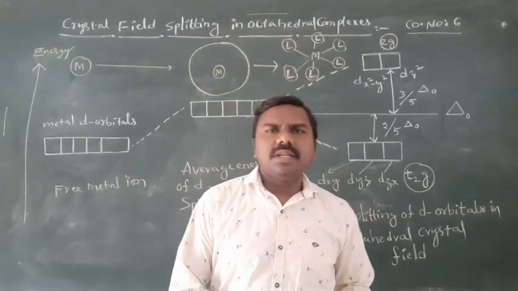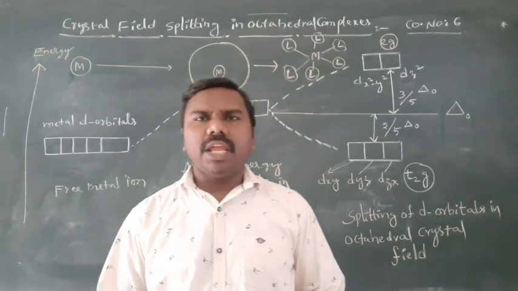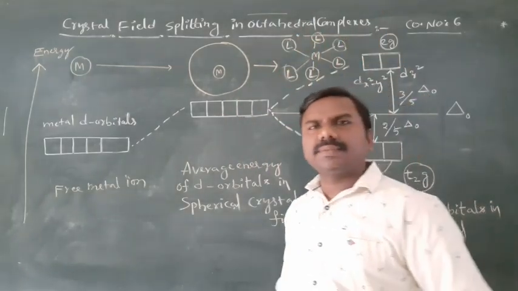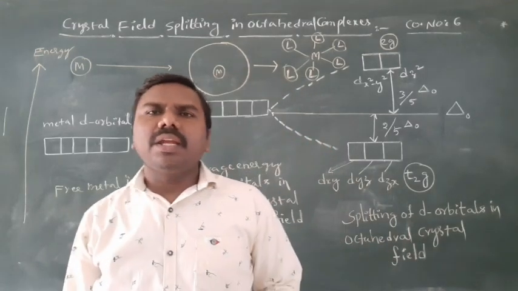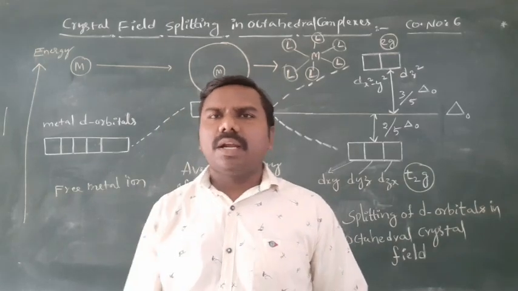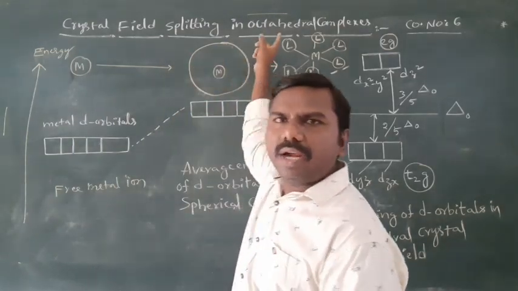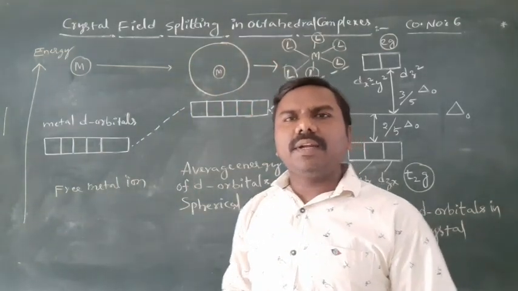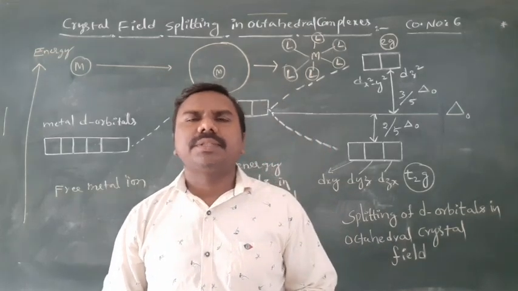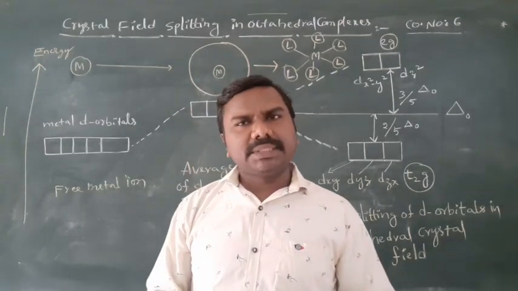Okay, students, in CFT there are two topics. Crystal field splitting in octahedral complexes, coordination number 6. Crystal field splitting in tetrahedral complexes, coordination number 4. Tetrahedral and octahedral are given in the syllabus. We discuss octahedral complexes first. In octahedral complexes, there are 6 ligands, coordination number 6.